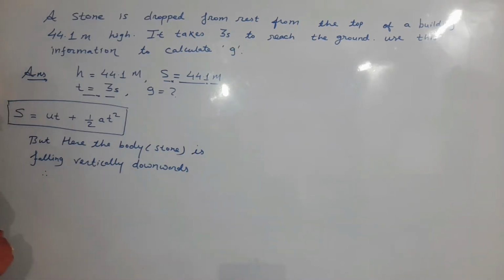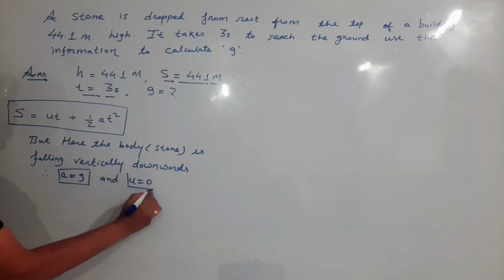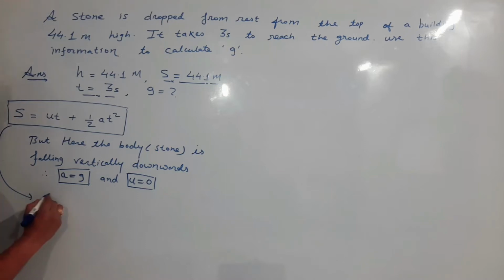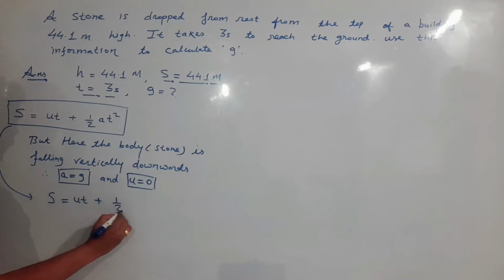Therefore, we can say that a is equal to g and u is equal to 0. My dear student, on this consideration, this equation becomes S is equal to ut plus half, in place of a we will put g, t square.